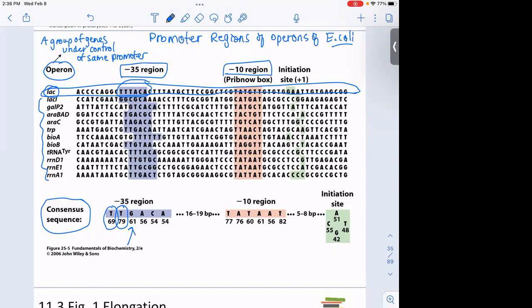Okay, so let me write that in. Genes with promoters that match consensus sequences are more likely to bind RNA polymerase.